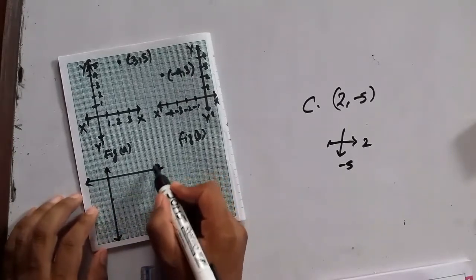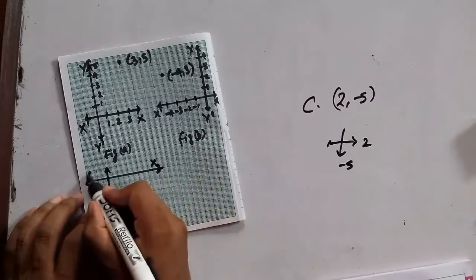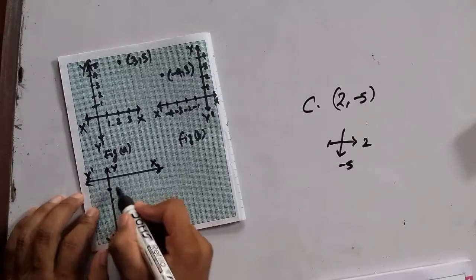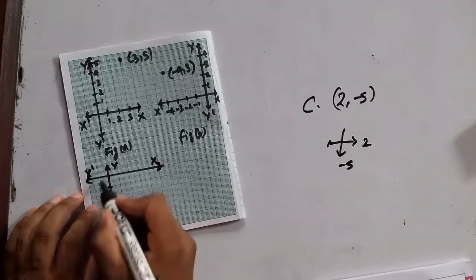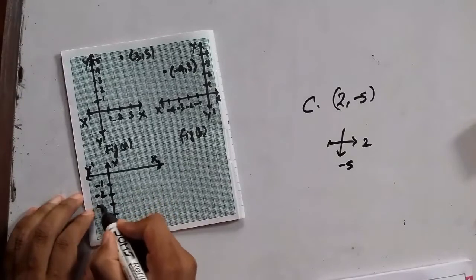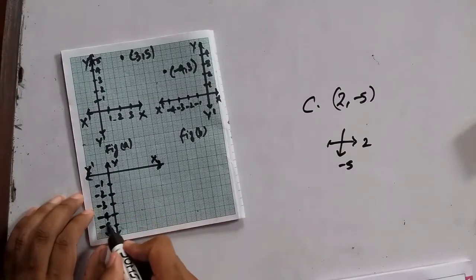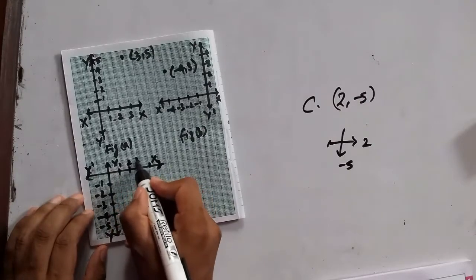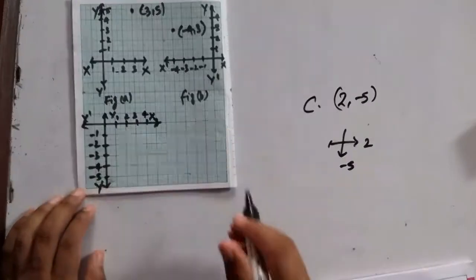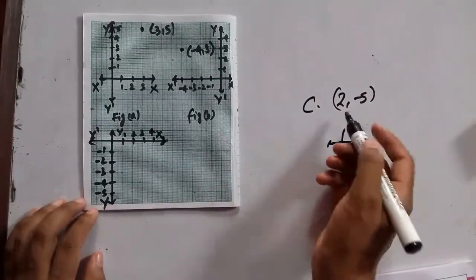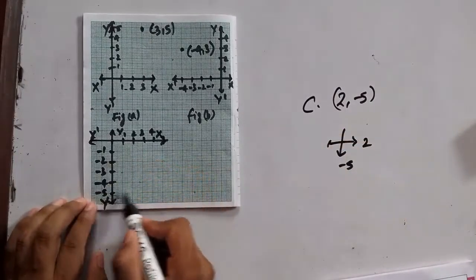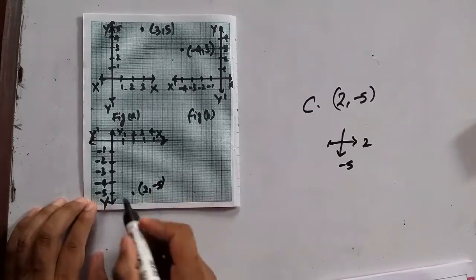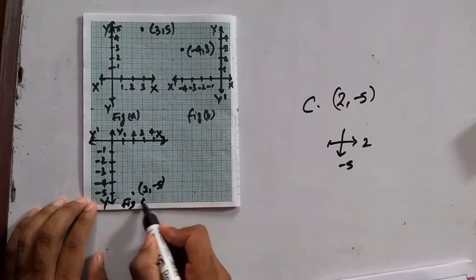This side is x, this is x dash, this is y, this is y dash. This is -1, -2, -3, -4, -5. This is 1, 2, 3, 4. We have 2 and -5. So this lies here, (2, -5). This is for question number C.